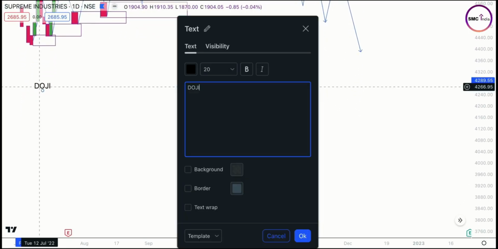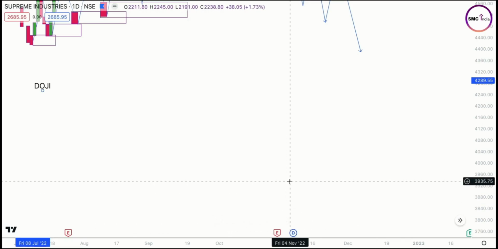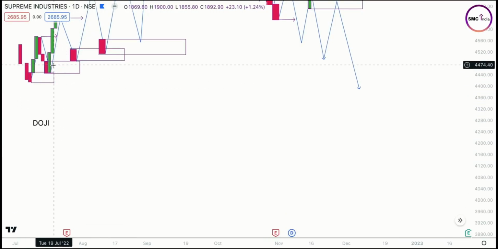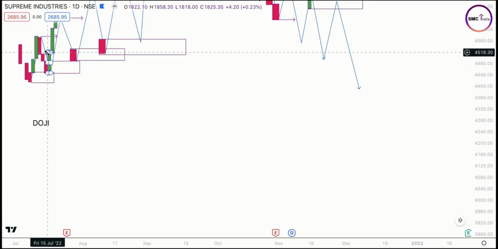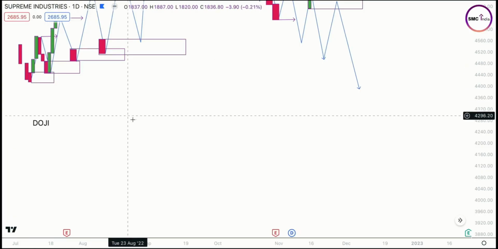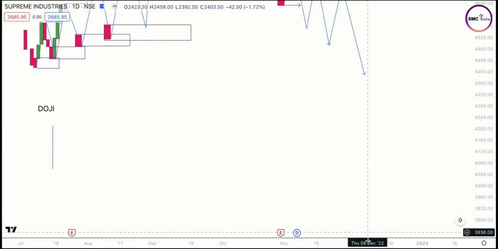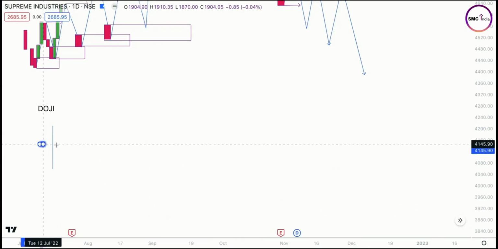And now coming to the next institutional candle, which is the doji. The color of the doji might be green or red, but it doesn't actually matter. There might be a very small green body or a very small red body in a doji, but the color doesn't matter. What is a doji? A doji is a candle with a large wick but a very small body, like this.